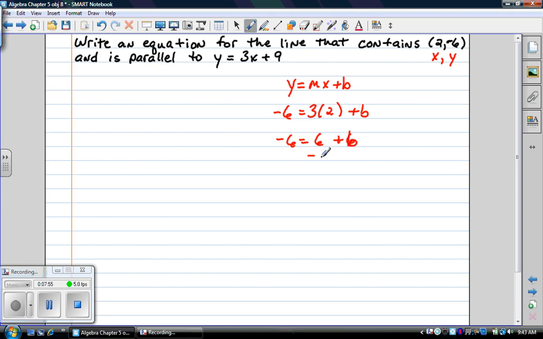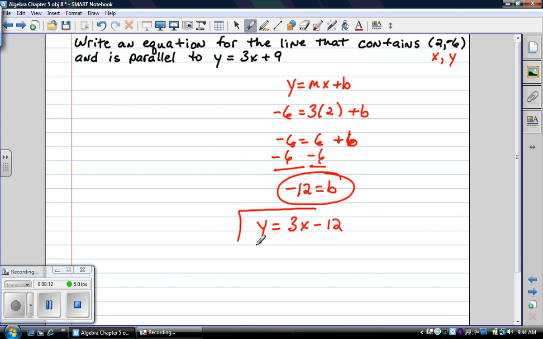When we subtract 6 from both sides of the equation, we wind up with negative 12 equal to b. My new equation, y is equal to the same slope, 3x, plus negative 12 in this case. These two lines will be parallel because the slopes are the same. The y-intercepts are going to be different.